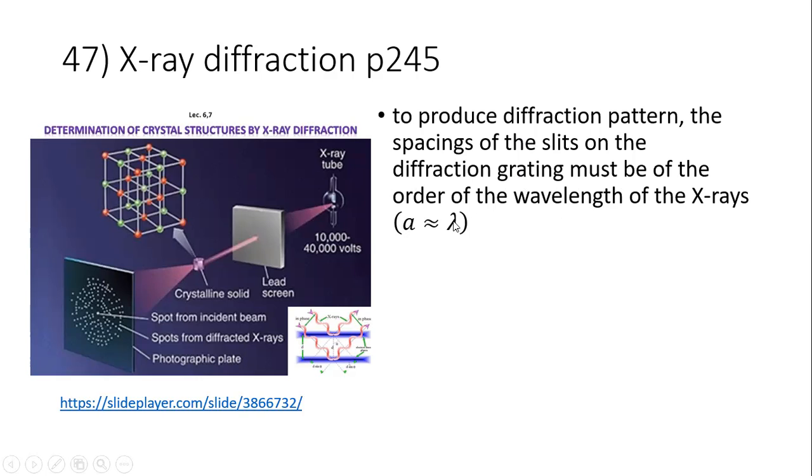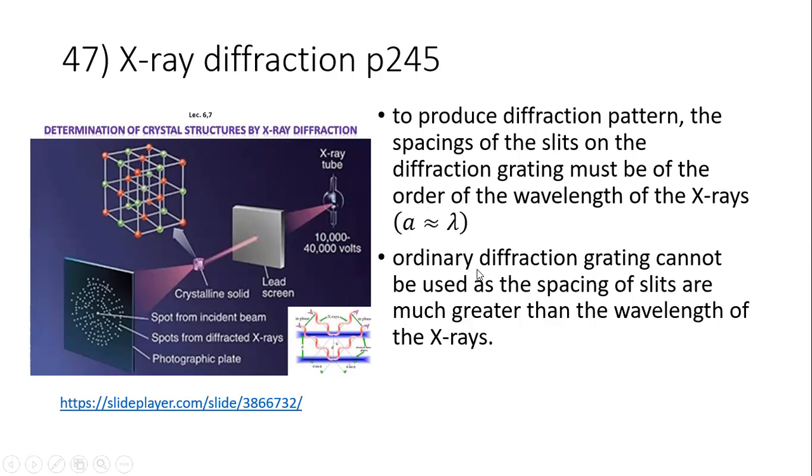So we cannot use an ordinary diffraction grating, because X-ray has a smaller wavelength and the spacing of the slits is greater. Very little diffraction occurs. So the diffraction grating that we must use will be a crystal, where the distance between the planes is of the order of the wavelength.